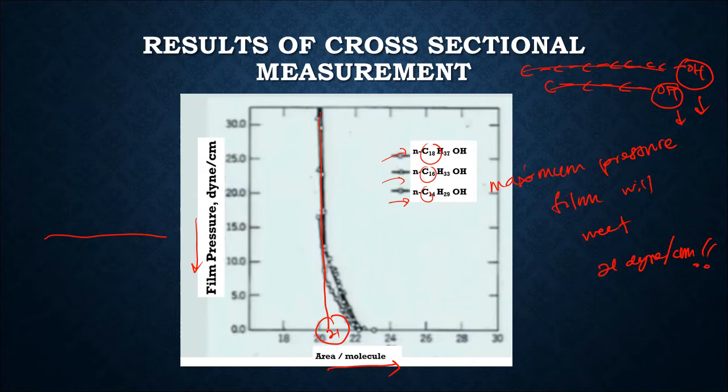So this will be their representation. So this is the OH here, OH here, OH here. So regardless of how long their hydrocarbon is, as long as the OH groups have a similar size, they will contribute to the same film pressure. This is the conclusion of Langmuir when he performed this experiment.